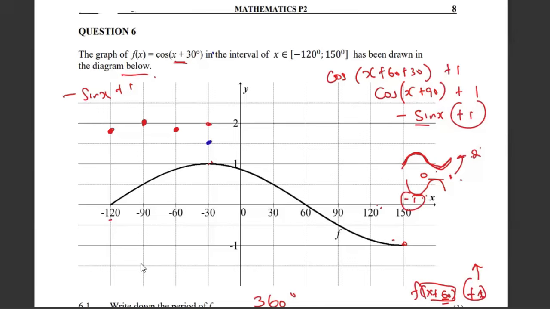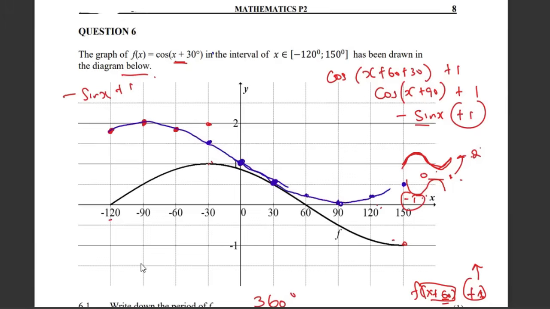That point. And then if it is a 0, it will be a 0 plus 1, then it's a 1. Then if it's 30, it's negative a half plus 1, which is a half. If it's 60, that's negative 0,88, then that's going to be a 0,2 somewhere there. And if it's 90, that's going to be negative 1 plus 1, which is a 0. And then the rising starts again. So when I connect this, I'll have this type of graph. Oops, they have to meet at this point.